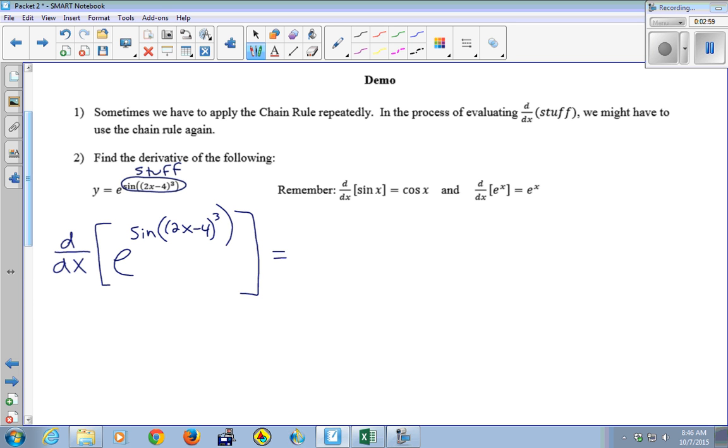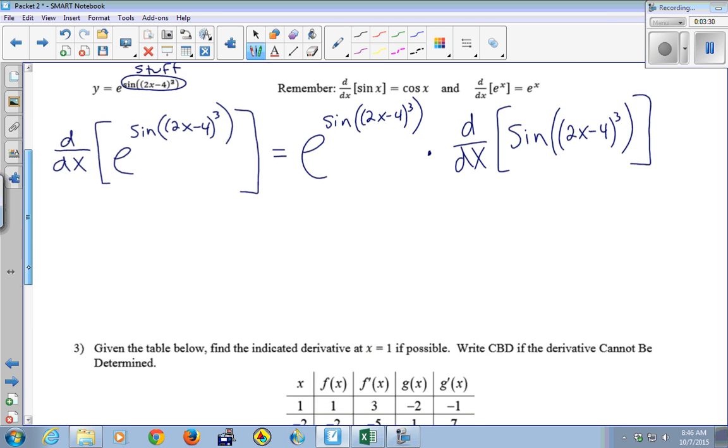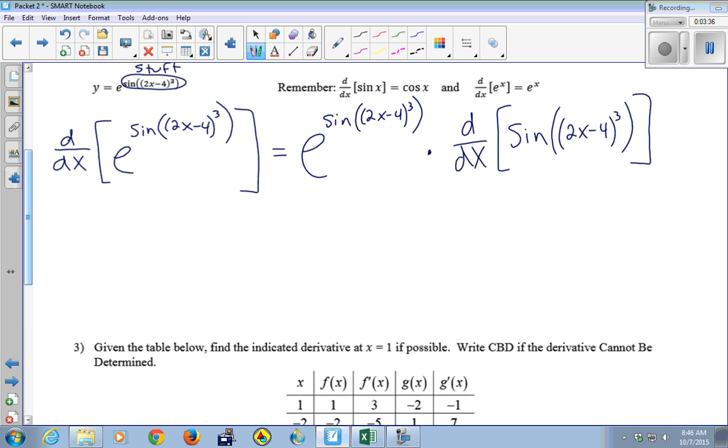The derivative of e to some stuff should be e to the stuff times the derivative of that stuff. So the derivative of e to all this junk is e to all that junk times the derivative of the stuff. And the stuff is the sine of (2x minus 4) cubed. Okay, so far?